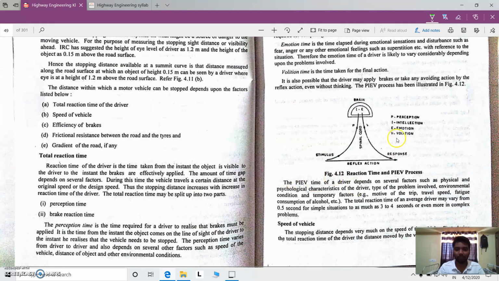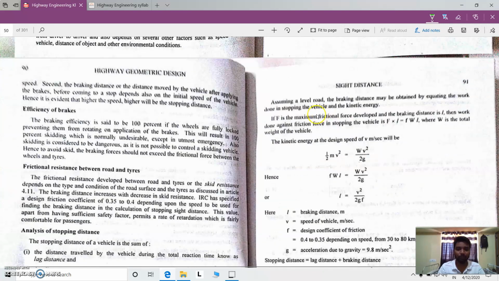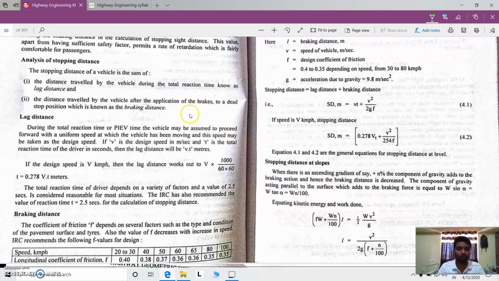In the PIEV theory, we can see in this figure the perception, intellection, emotion and volition times. In this chain of reactions, the driver takes some time to react to the situation. In that time the vehicle travels some distance, and that distance is considered in the stopping distance. Apart from that, we have the braking distance, which is the distance traveled by the vehicle after application of the brake.